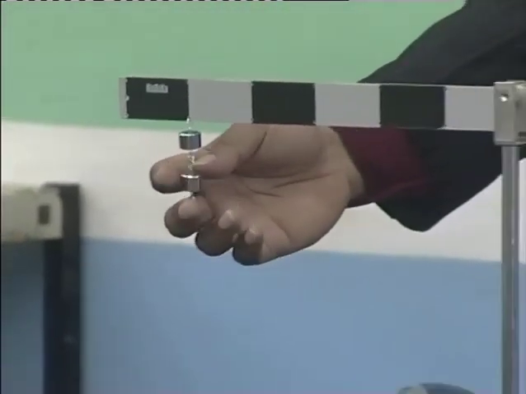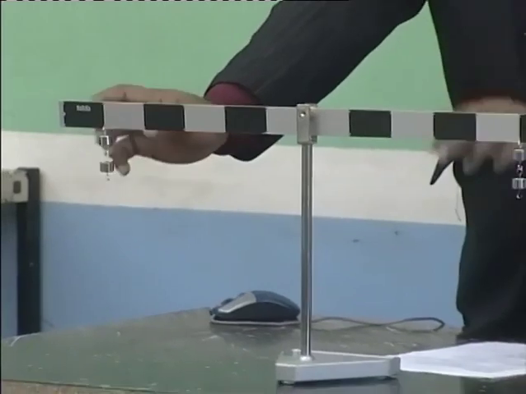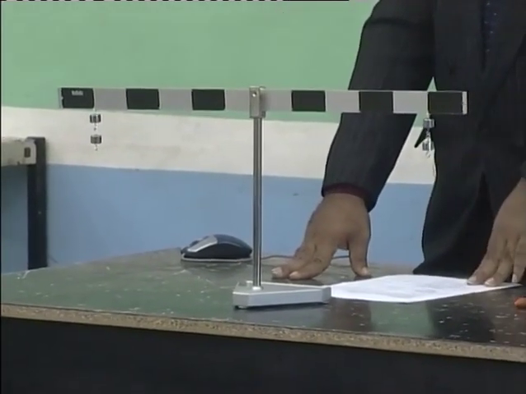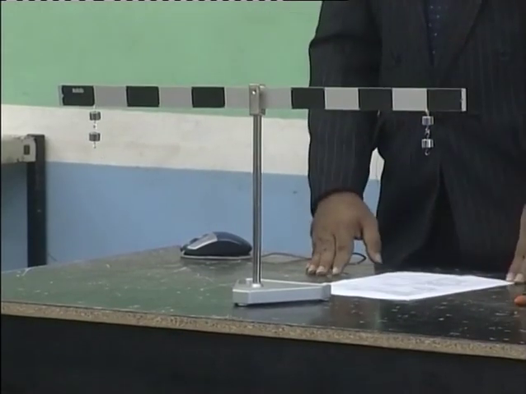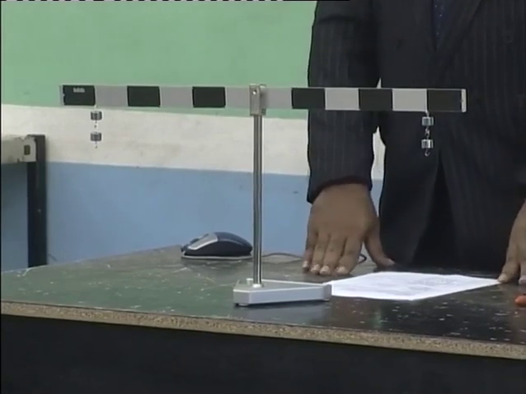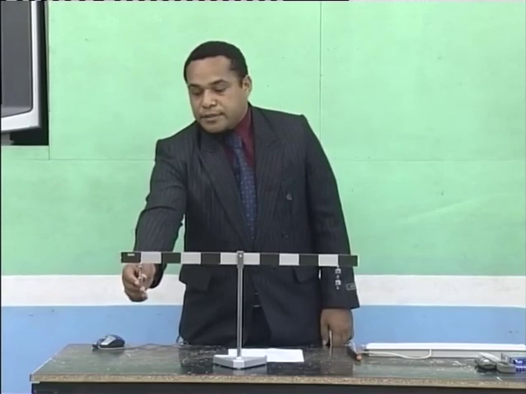Okay, so there are two weights on this side and there are two weights on this side. Okay, we can say side A, side B. All right, what if I remove one weight?